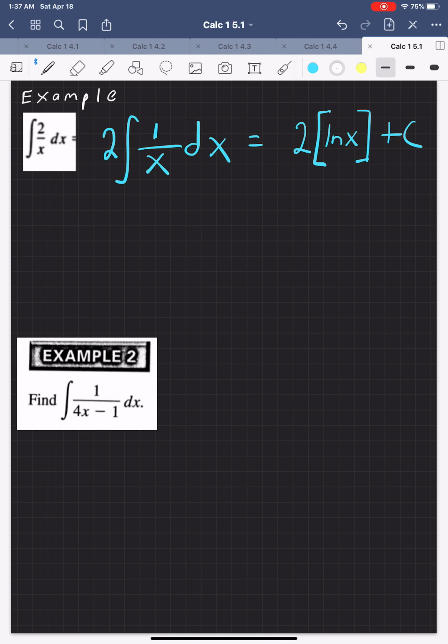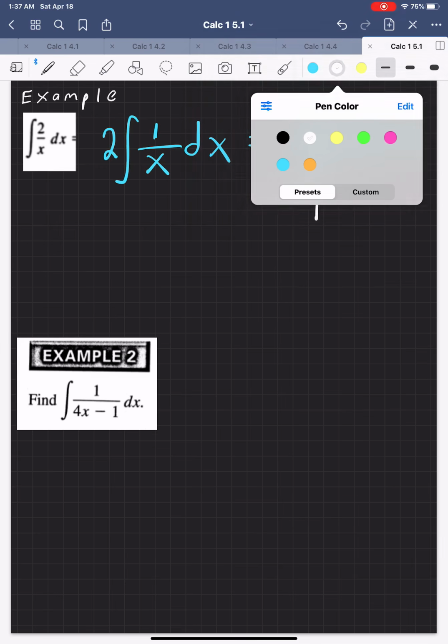Normally, if you were to look this up in the back of your textbook, they would go a little bit farther and bring that 2 back in. Remember those log properties that allow you to bring the 2 out front? They would write that as ln of x squared.